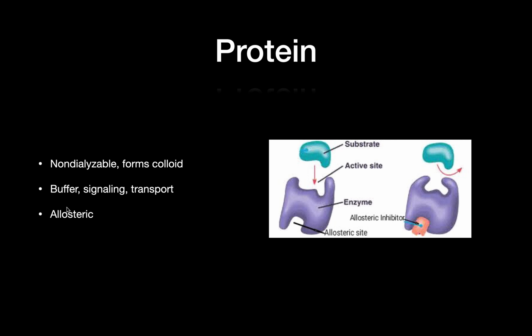They generally work using an allosteric pathway, and that means that a substrate will bind to a site that is not the active site and induce a conformational change. And that conformational change will change the structure and thus the function of the protein.